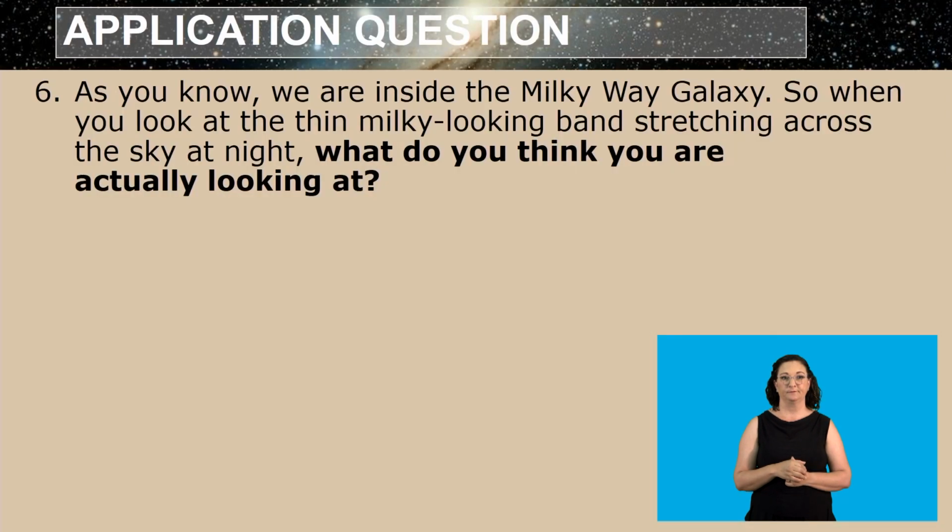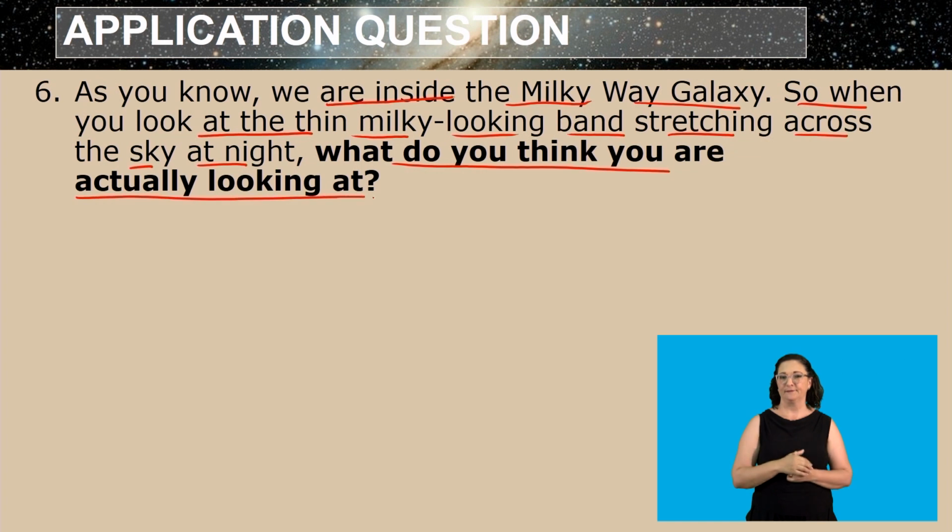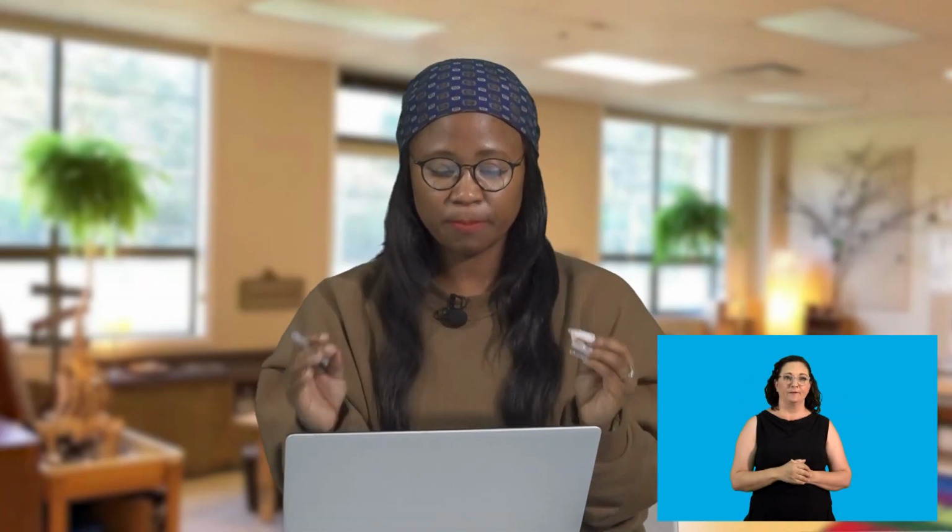It says to us, as you know, we are inside the Milky Way galaxy. So when you look at the thin milky-looking band stretching across the sky at night, what do you think you are actually looking at? We said you are looking at the thin band of light.